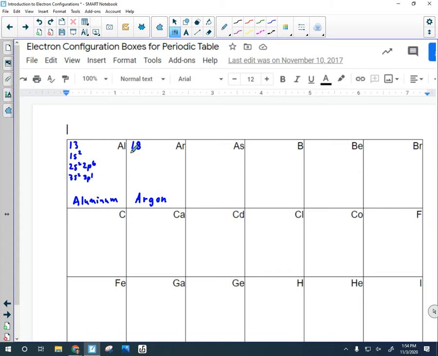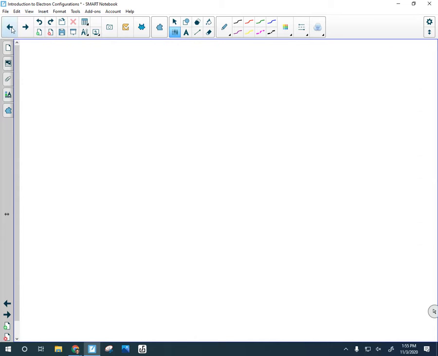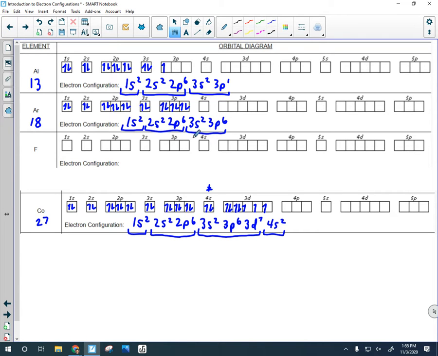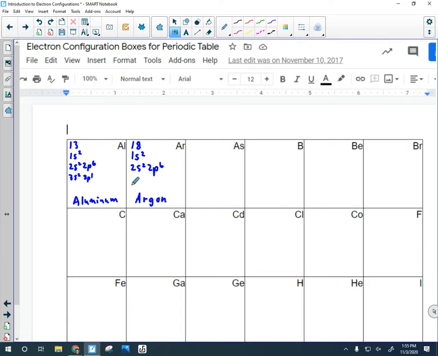And then I'm going to list the electron configuration, putting each subsequent principal energy level on its own line. So 1s2 is up by itself, 2s2, 2p6 is on the next line, and then going back on the third line we're going to have 3s2, 3p6. And that is it for argon.